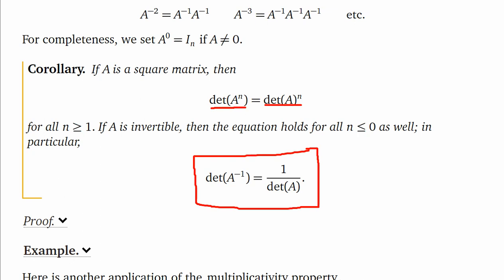If I know the value of the determinant of A, and by the way, this absolute value notation is another way that we write determinant of A. So if I say |A| equals 4, every mathematician in the world is going to understand this to mean the determinant of matrix A. And if the determinant of matrix A is 4, this says that the determinant of the matrix A inverse is equal to 1/4. So the determinant of A inverse is the reciprocal of the determinant of A.